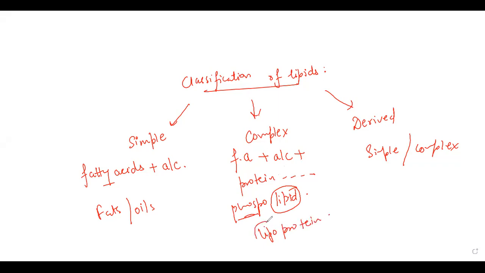It is formed of lipid or fat along with a protein group. Now, derived lipids, as we already know, are the derivatives of simple and complex lipids. These can be steroids, terpenes, or prostaglandins. Now, one by one, we'll discuss all these groups.